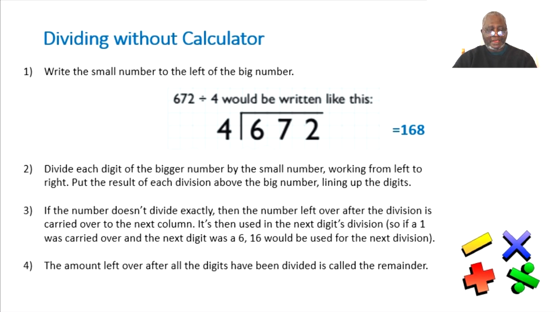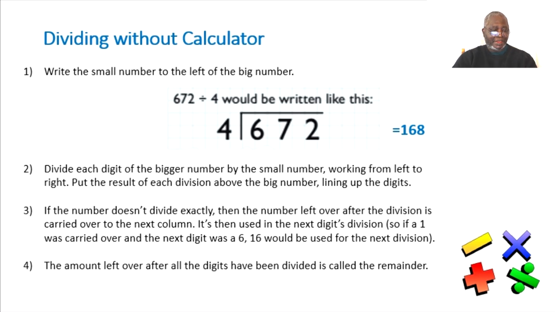You put your divider, the 4, outside on the left, and then you put the amount you want to divide inside the division line. And then you do your division. You'll find out that 672 divided by 4 is 168.